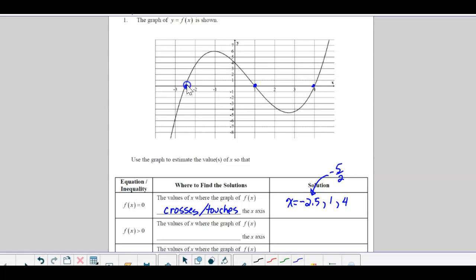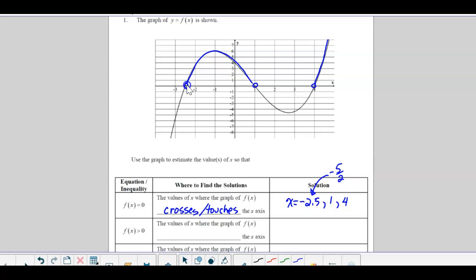Now f of x greater than 0. So you're looking for all the y values that are greater than 0, and what are the x values that give that? We talked a little bit about this the other day. That would be in all of these parts here. Greater than 0 means it's not going to include those x-intercepts.